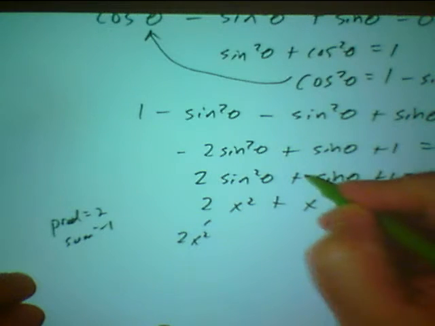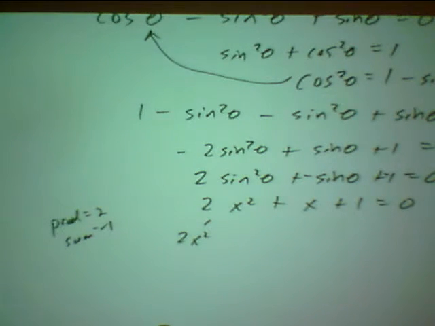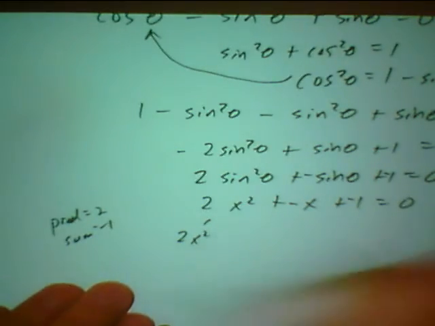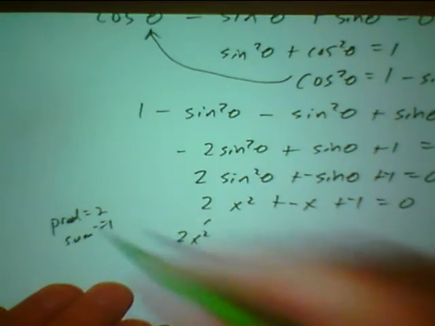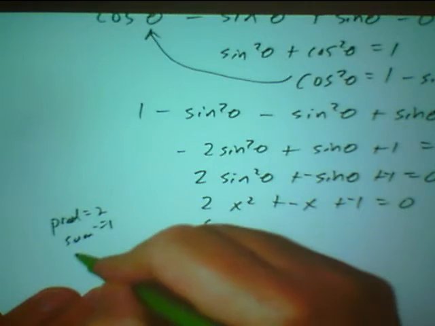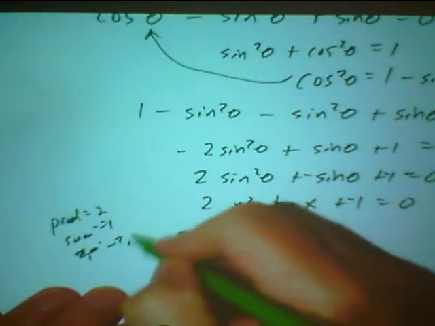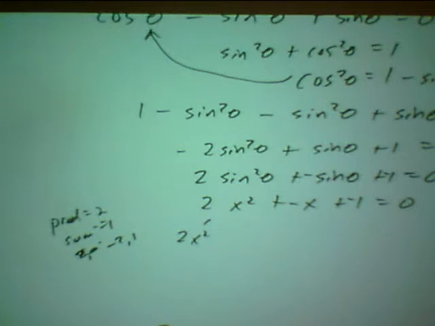Sorry, it's negative and negative. You probably saw that. So this is like this and this. So my sum is negative 1. So I'm going to have 2 and negative 2 and 1. Nope, I keep messing up.